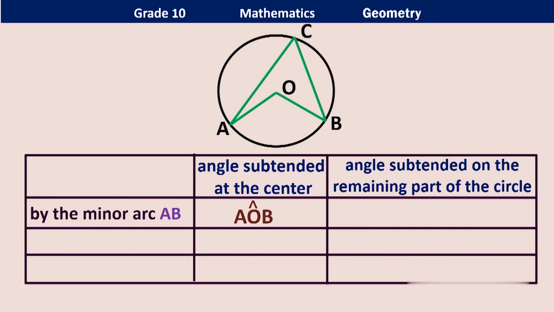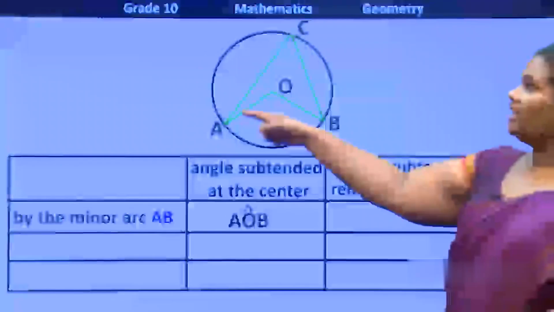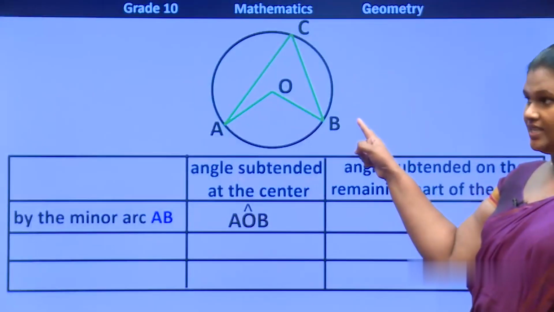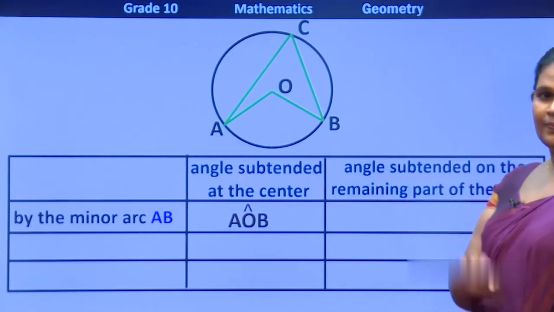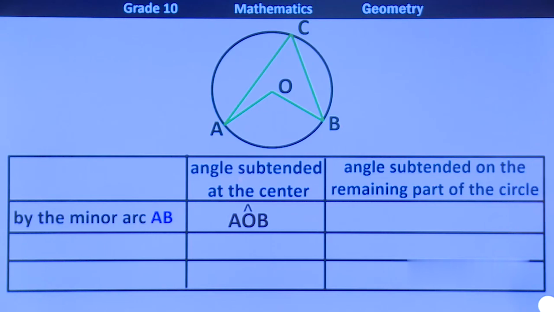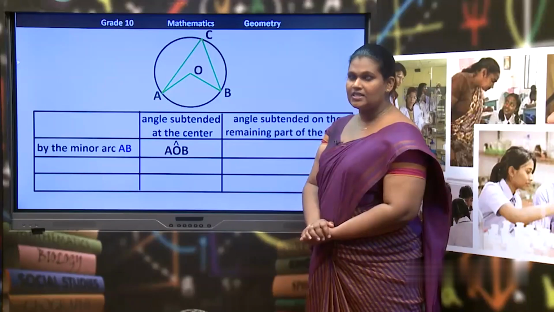Then we have to find the angle subtended on the remaining part of the circle by the minor arc AB. Right. Now, if we consider the minor arc AB, the remaining part of the circle can be considered as ACB. What is the angle subtended on the remaining part of the circle?